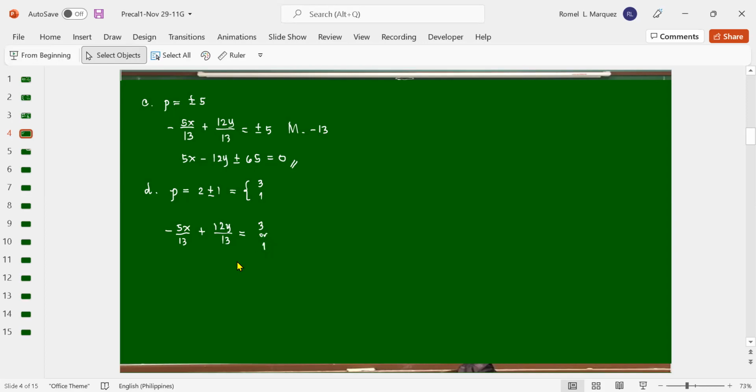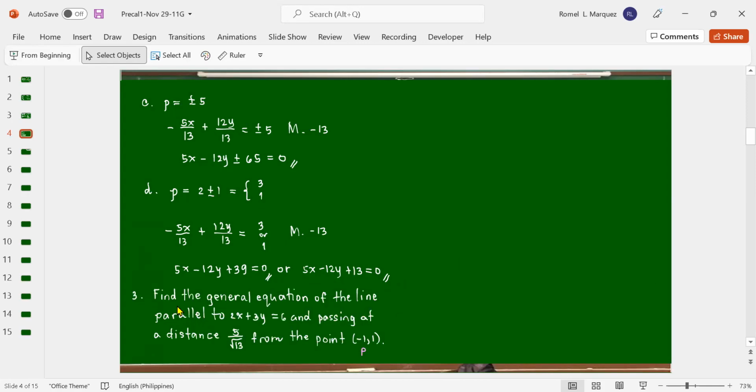Okay? So simplifying by multiplying by negative 13, we have 5x minus 12y negative 39 plus 39, equals 0. Or the other one, 5x minus 12y minus 13 plus 13, equal to 0. So these are the two possible equations of lines for letter D. Get it, children? Any question with that, guys?